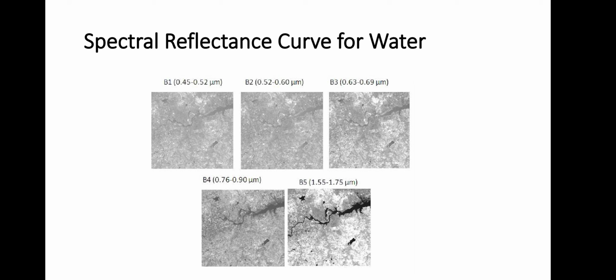Water in the liquid form shows high reflectance in the visible region, which is between 0.4 micrometer to 0.6 micrometer. Wavelengths beyond 0.7 micrometer are completely absorbed. Thus, clear water appears in a darker tone in the near infrared image.